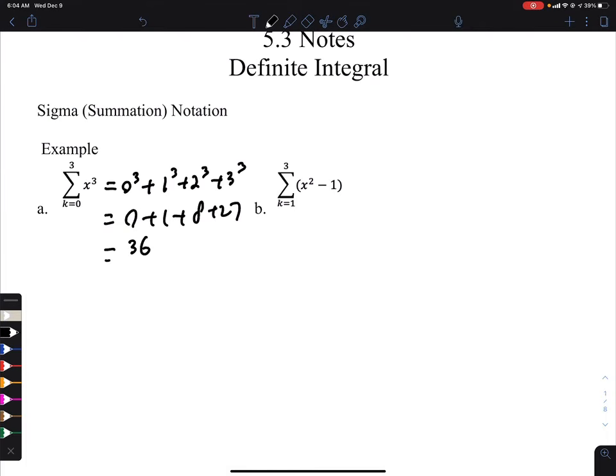You can try this next one on your own. So let me plug in the first number, which this time it's 1. And you keep increasing by 1.